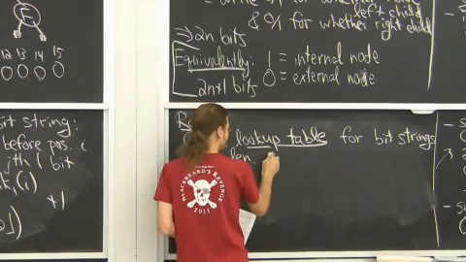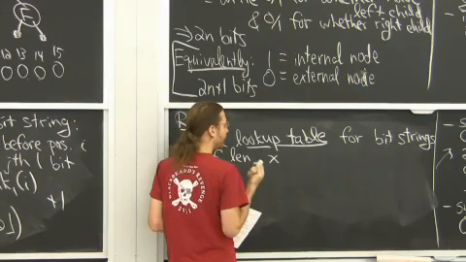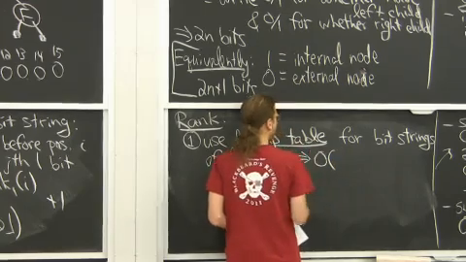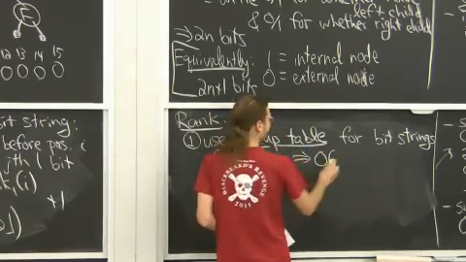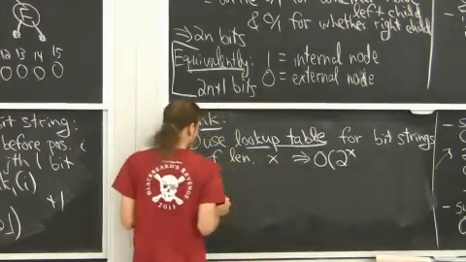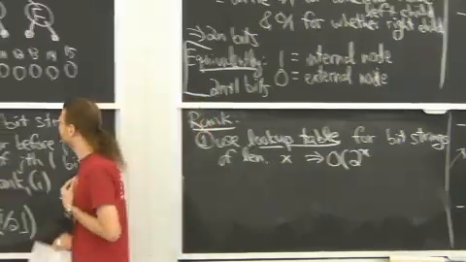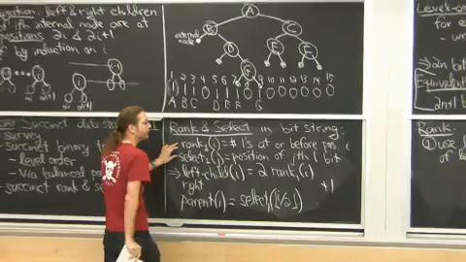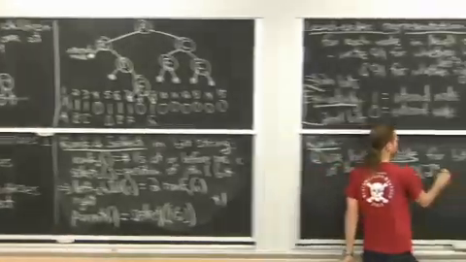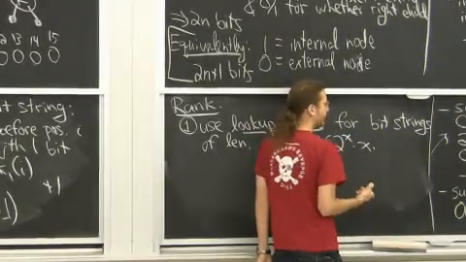If I looked at all bit strings of length x, and then I wanted to store a lookup table for each of them, it's going to cost, well, there's 2 to the x different bit strings of that length. Then for each of them, I have to store all possible answers to rank and select queries. So there's order x different queries. You could query every bit. And then for each of them, I have to write down an answer.